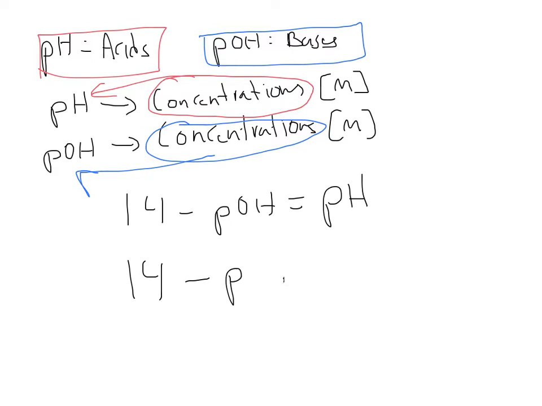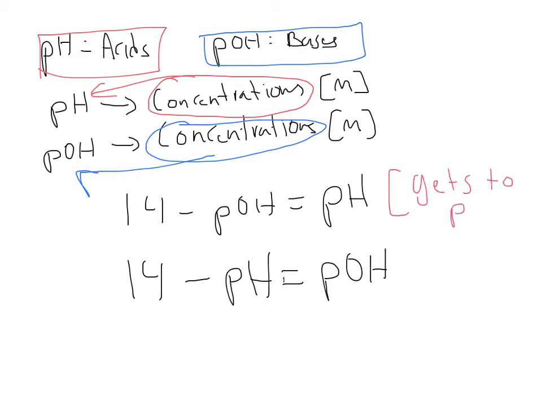You find 14 minus pH equals pOH. I'm going to explain a little bit more on the next slide.